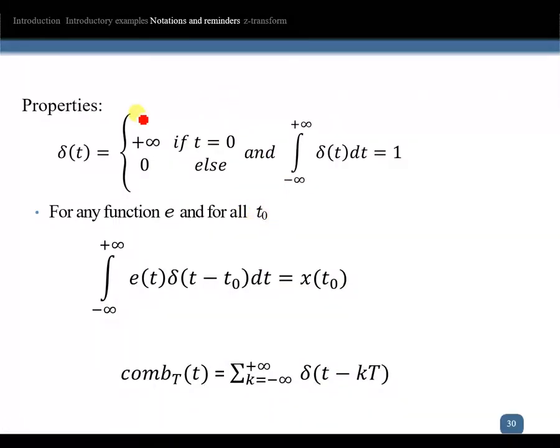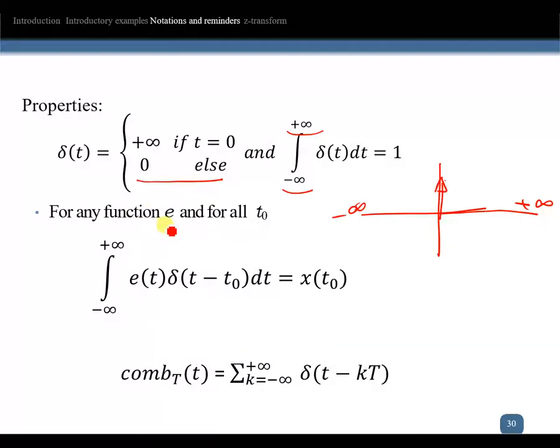You can write the properties of the Dirac t. It will be 0 except when t is equal to 0, where it becomes infinity. Or you can write the integral from minus infinity to infinity of the Dirac t is equal to 1, because it only has a value at that point, from minus infinity to plus infinity.